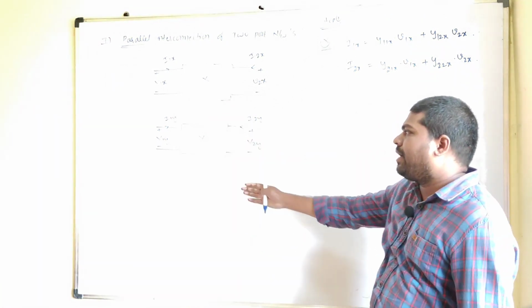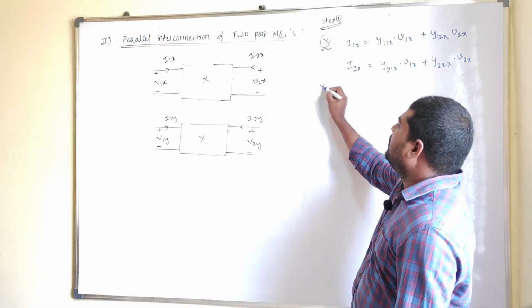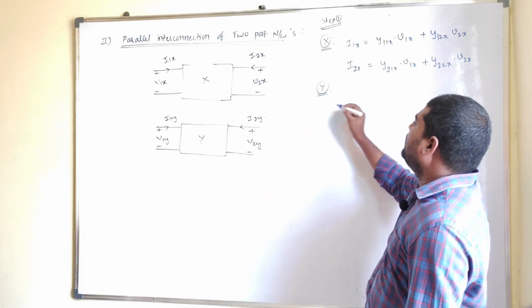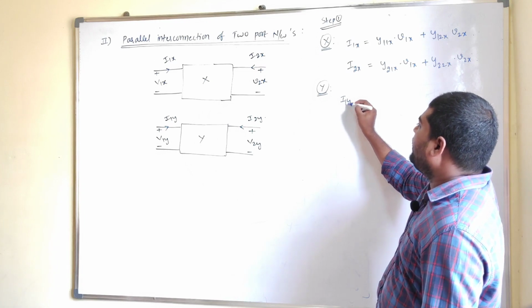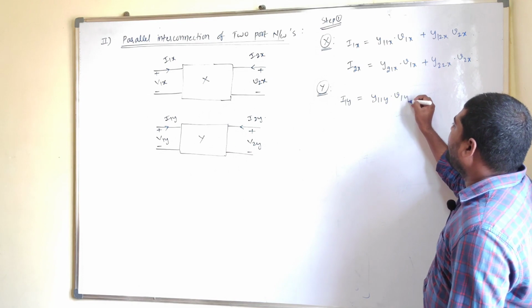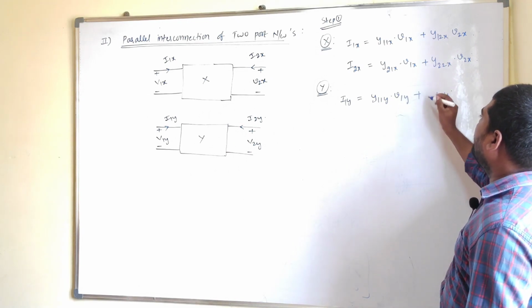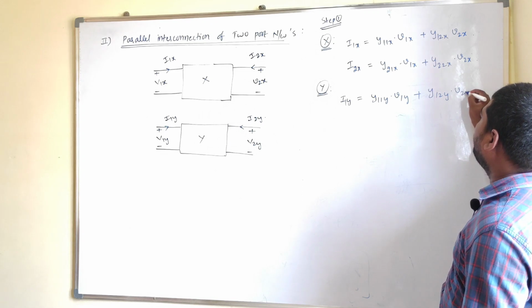Similarly, you can write the Y parameters for the Y two-port network. I1y equals Y11y into V1y plus Y12y into V2y.